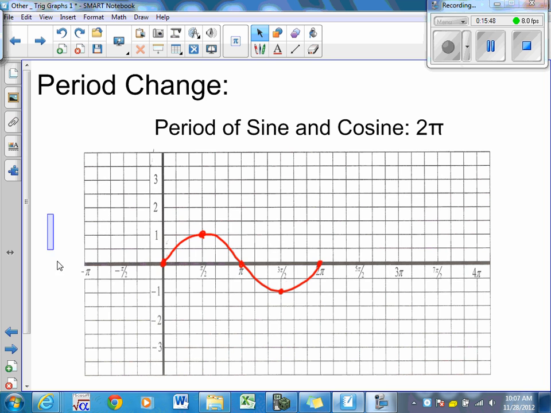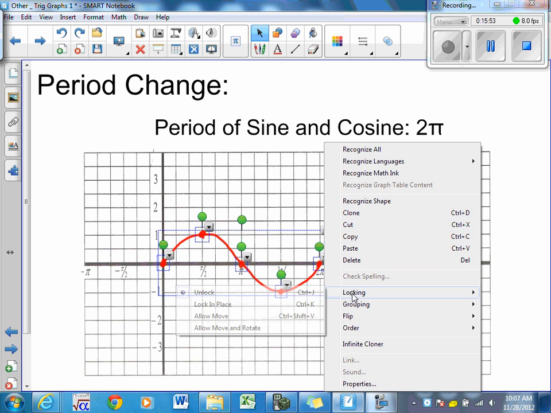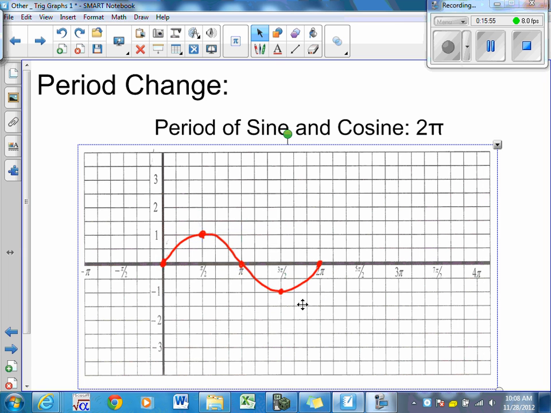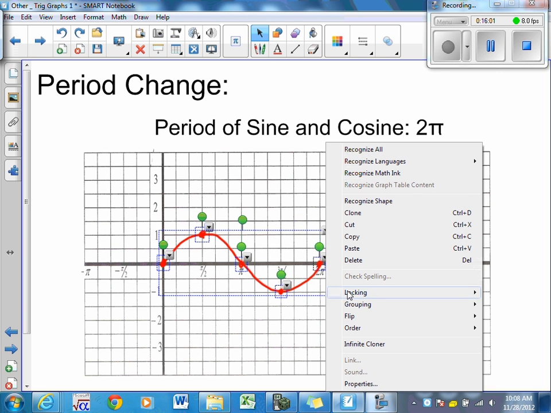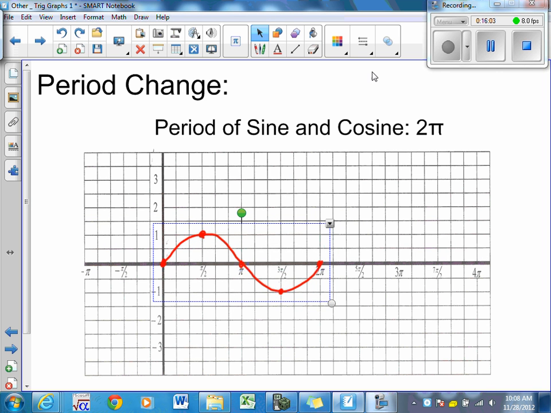If I would continue on, I'd get the same graph. Right? If I continue my graph, it just repeats itself. Up, down. Just the same thing over and over again. So this is known as one period, from 0 to 2 pi.